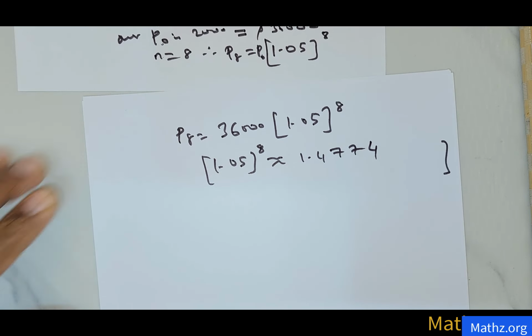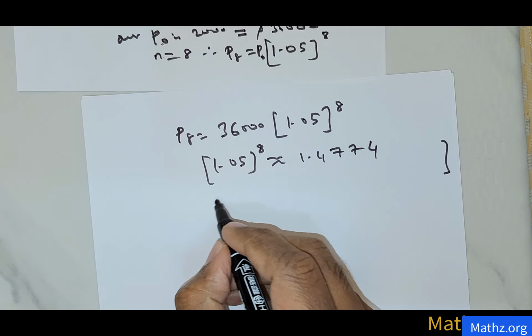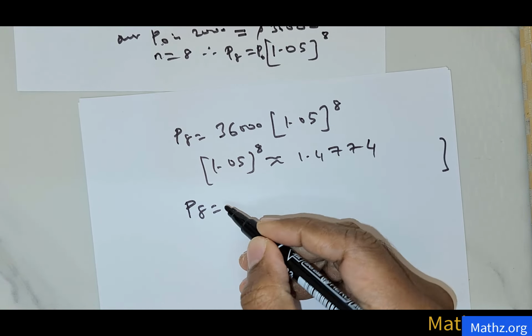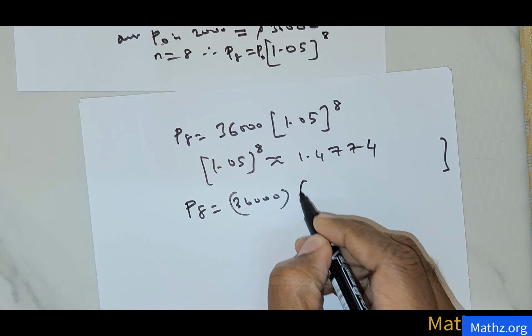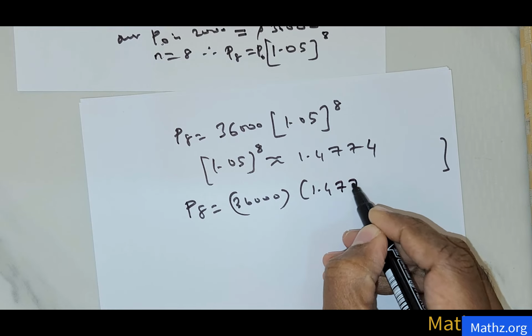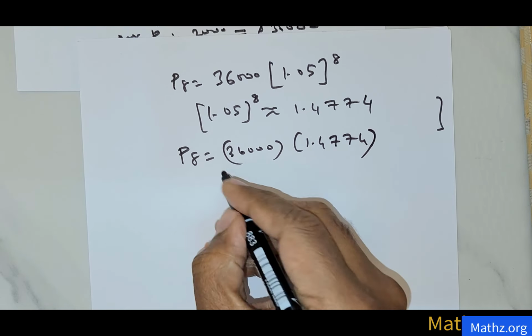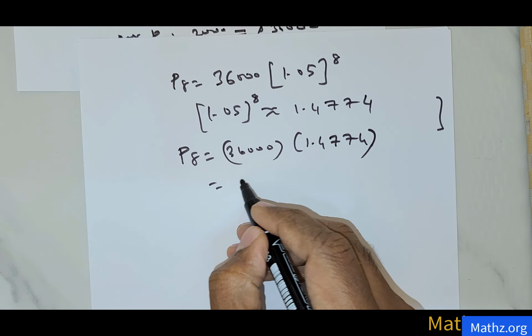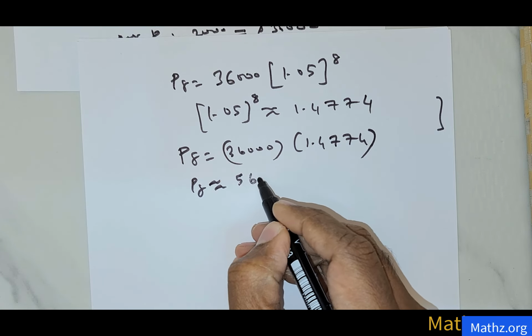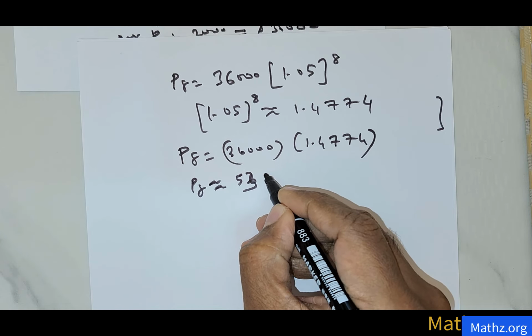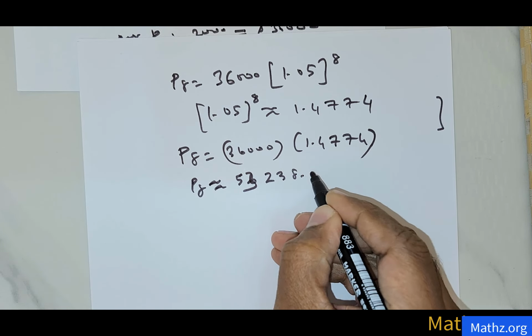If you substitute this value, P8 is equal to 36,000 multiplied with 1.4774, and that is approximately 53,238.38.